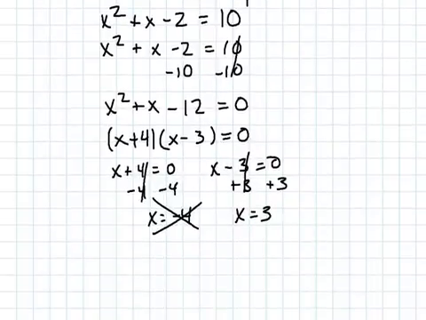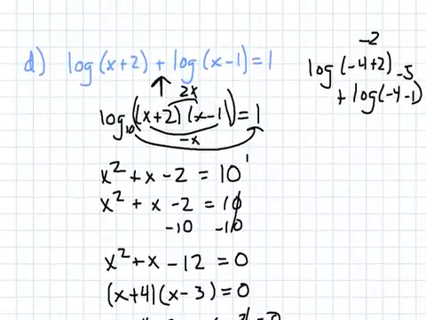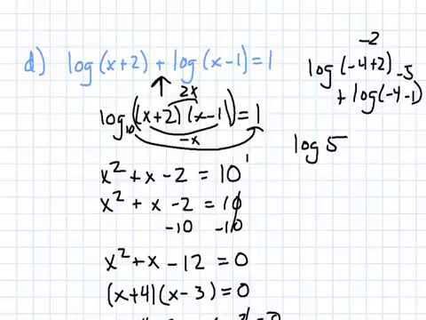If I plugged in 3, 3 plus 2 would be 5, so I get log of 5. And 3 minus 1 would give me log of 2.